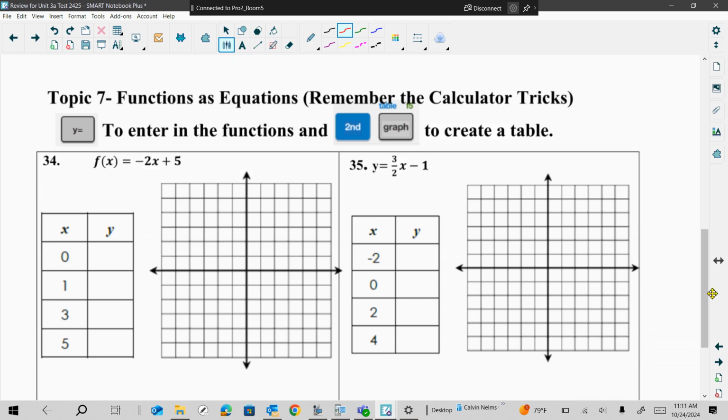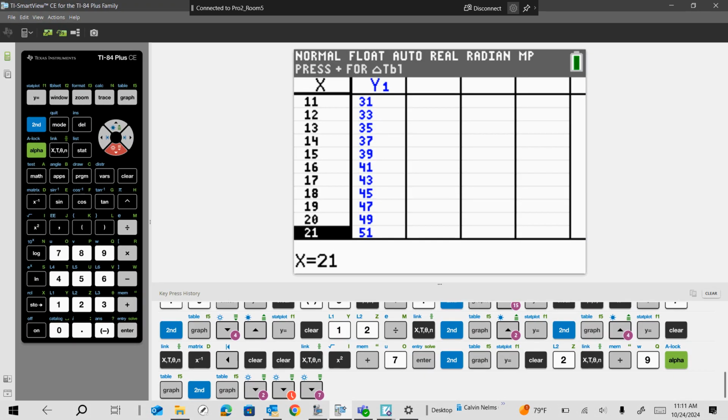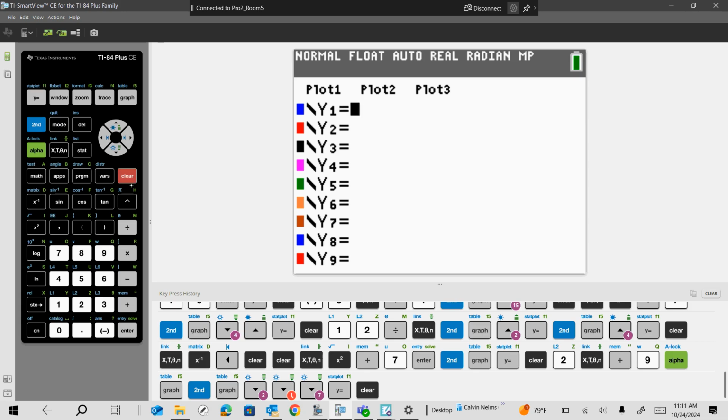All right. So now we're just putting it all together. So I'm gonna give you the function. You gotta remember that's just the same thing as y equals negative 2x plus 5. I'm gonna tell you what numbers to use in your table. So you're gonna go to y equals negative 2x plus 5, and you look for the numbers I'm telling you on the table.